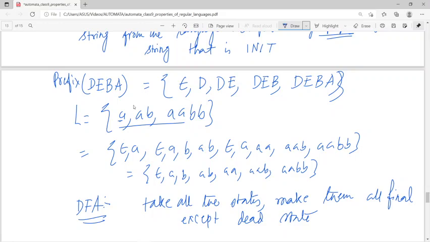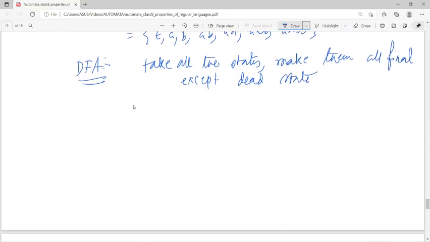So I think that is easier to understand. Now the thing is that regular sets are closed under substitution.